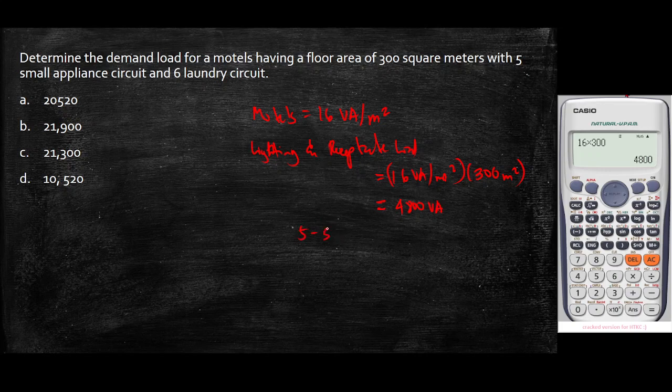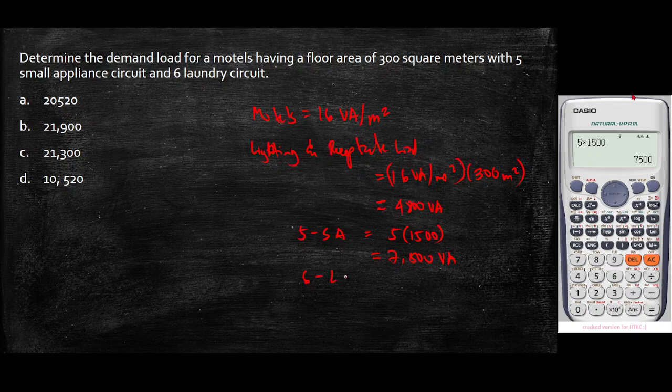So 5 small appliance circuits. Yung bawat isa kanila is 1.5 kVA. So 5 times 1,500, we have 7,500 volt ampere. Tapos 6 na laundry circuit.